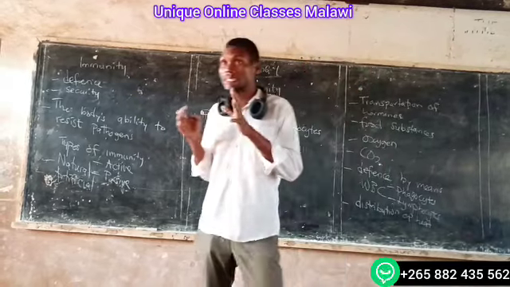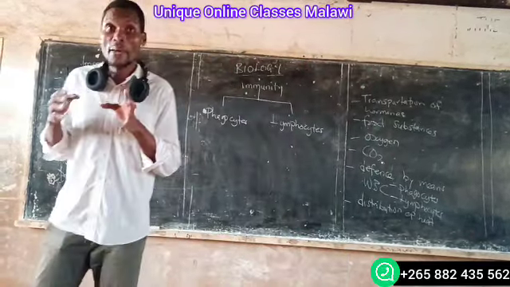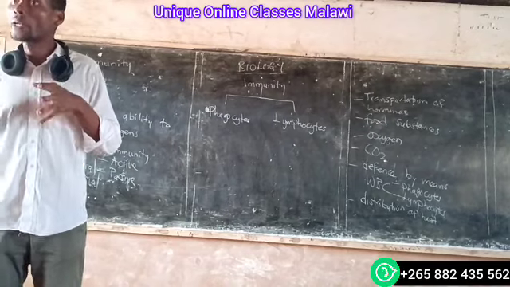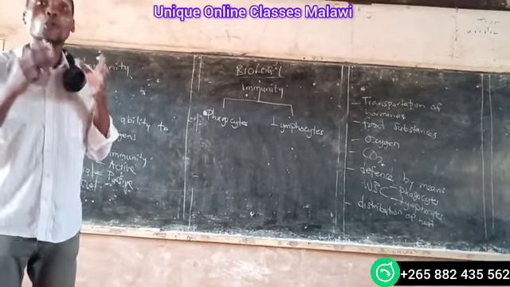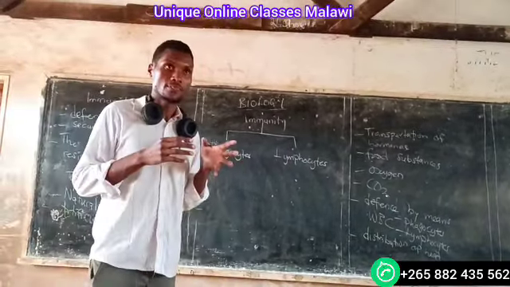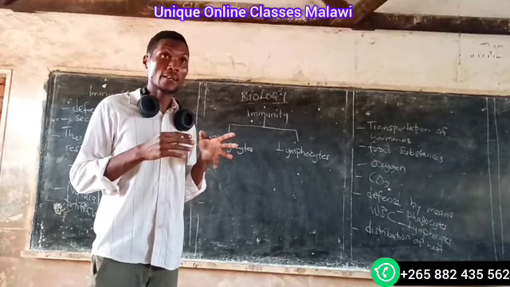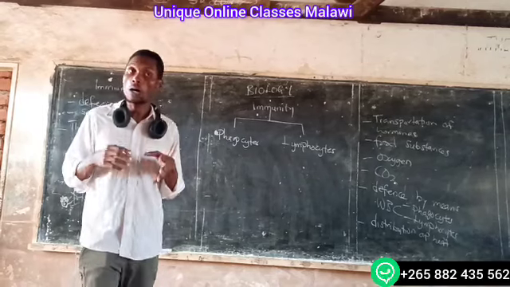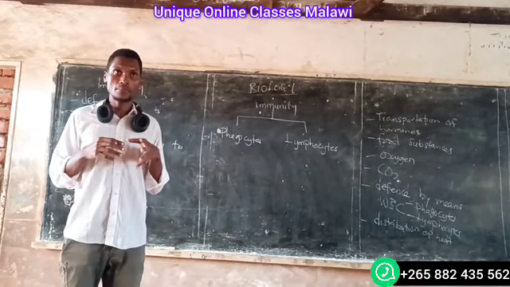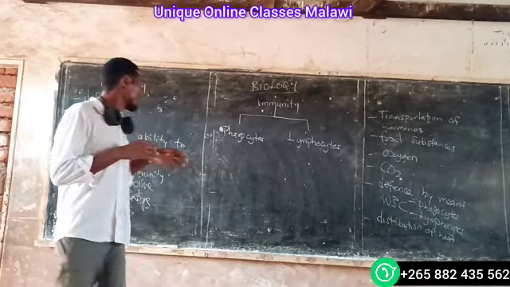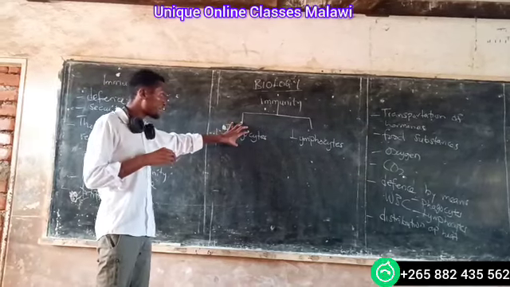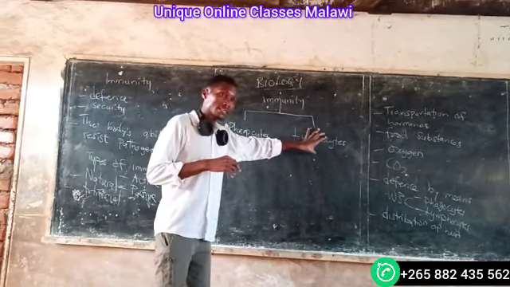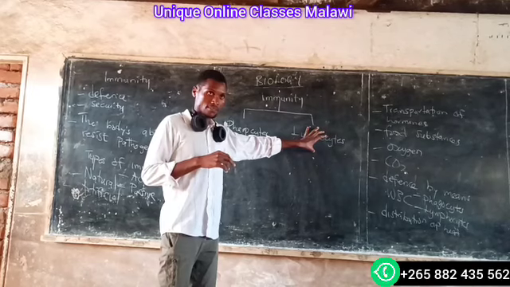White blood cells are made in the bone marrow of long bones. So we have got the phagocytes and we have got the lymphocytes.